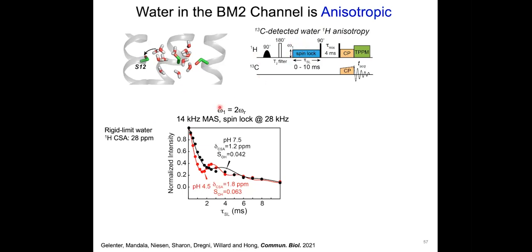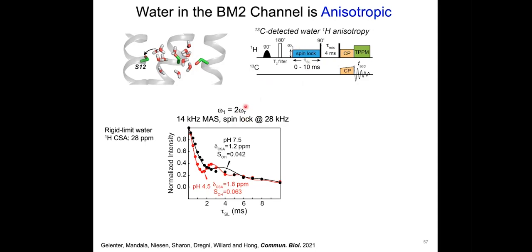We basically match the spin lock omega-1 to 2 times the spinning speed. And it can be shown separately that that's the condition for recoupling the CSA. And now you realize this is the CSA of water, not the protein, because I haven't transferred the water magnetization to the protein yet. That transfer happens in this block after my spin lock, right?